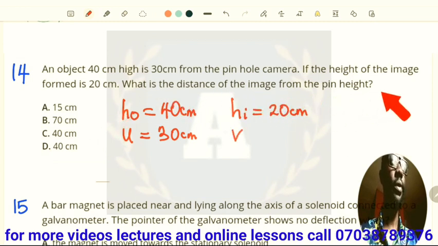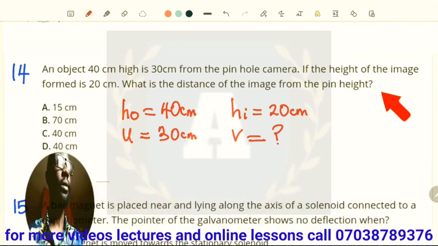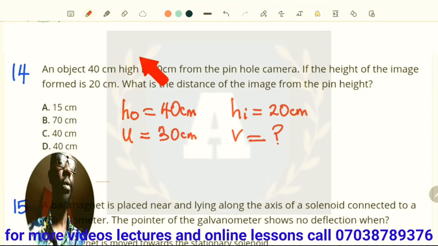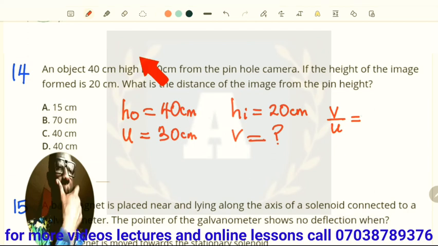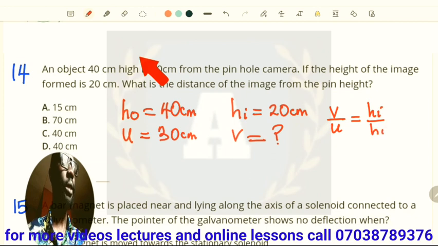That is V, the image distance. Now using the formula, magnification we know to be image over object distance. So V over U is equal to image height over the object height.